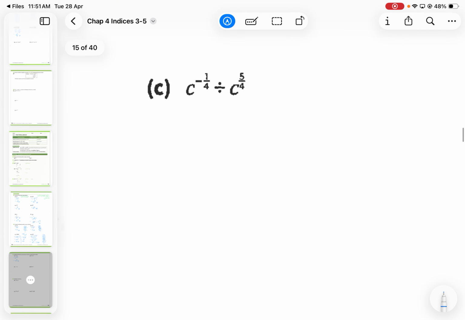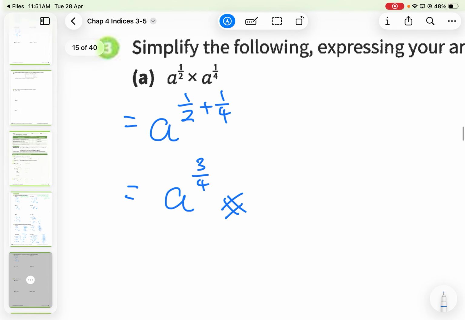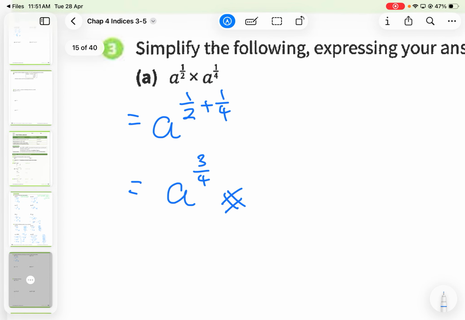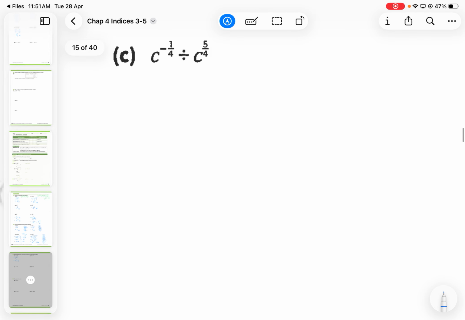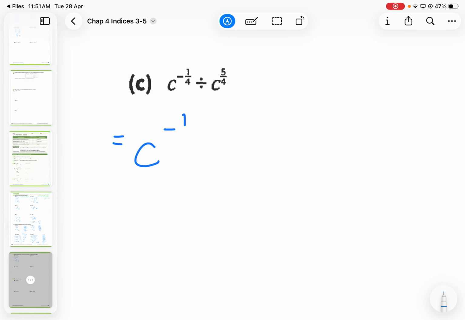Okay, C. So multiply, same base, we add the index. Division, same base, we subtract the index. So also still same.